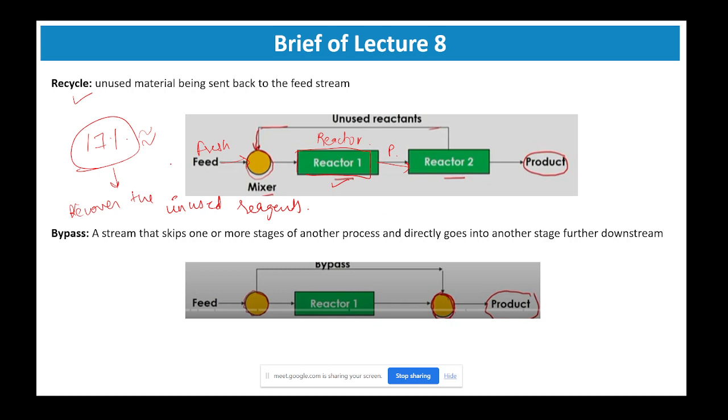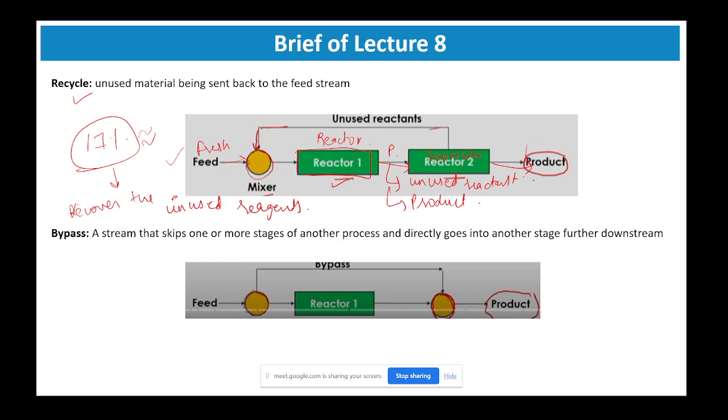Now as I said, the conversion is actually very low. So we separate this product into unused reactant and the actual product. This will be the separator of this system.